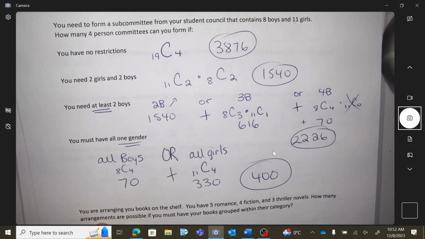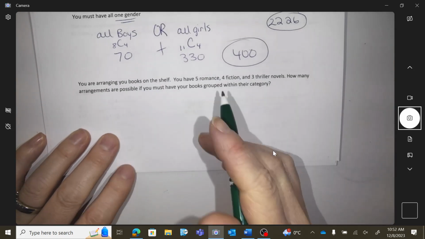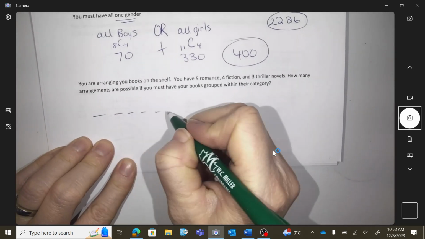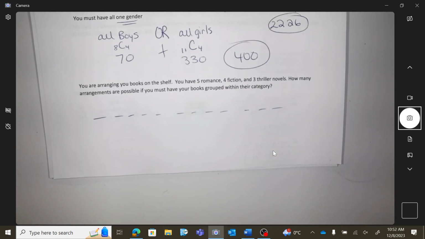Okay, then this is the last one. You're putting your books on a bookshelf. So it looks like you have 12 books to put onto your bookshelf.